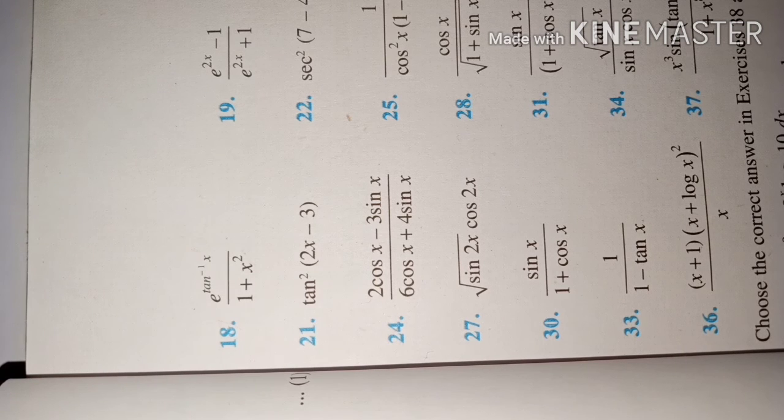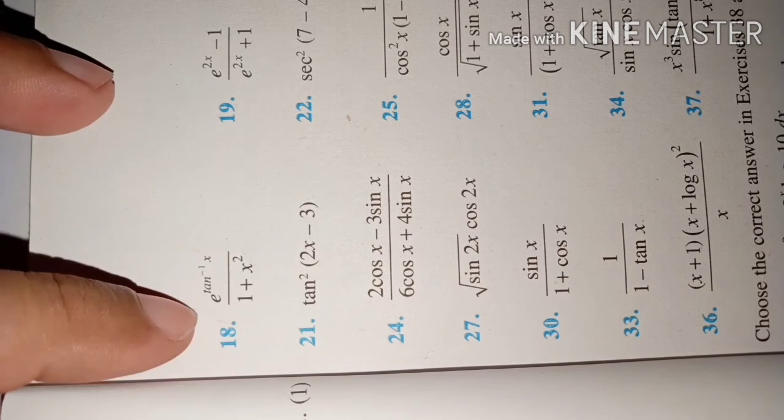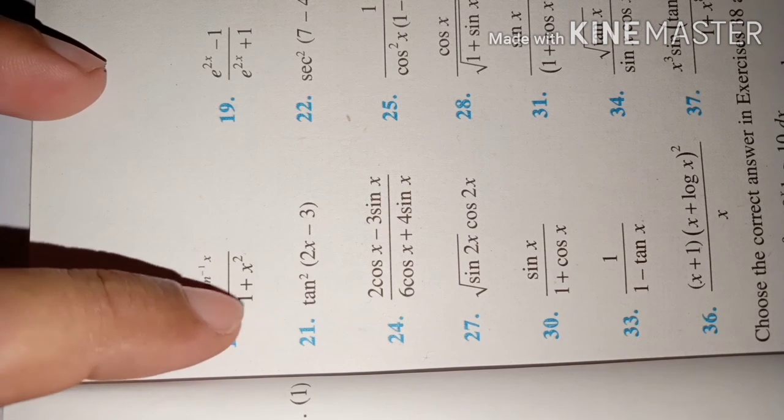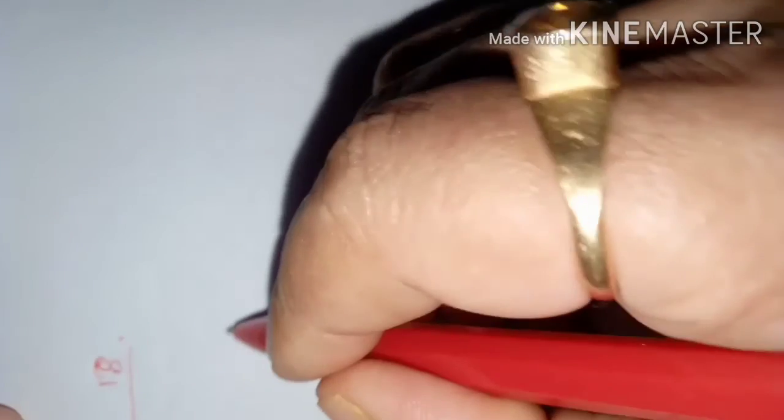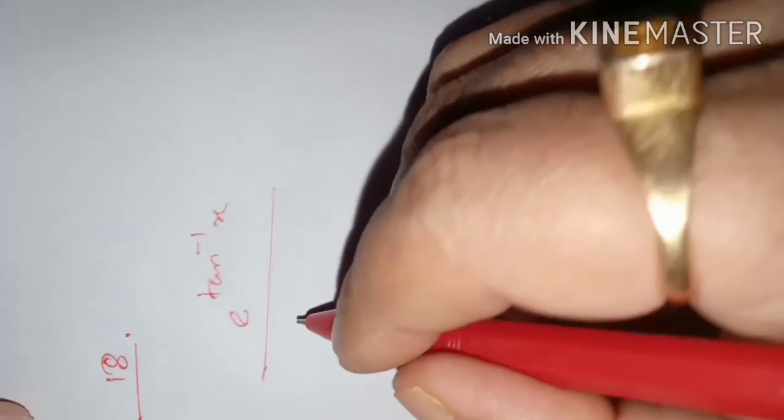Look at question number 18. Integration of e raised to the power of tan inverse x divided by 1 plus x square.